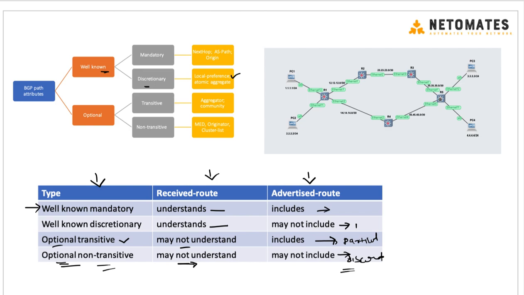So if R5 is sending a route with the path attribute of local preference, R3 will understand it because it's a well-known. R3 will understand that, okay, for this particular route there is some local preference, but when it is sending that route to R2, it is not mandatory to include that local preference information for that particular route when sending it to R2. Okay.